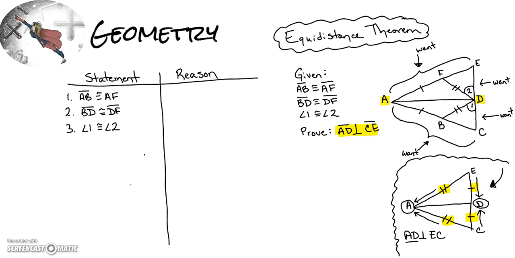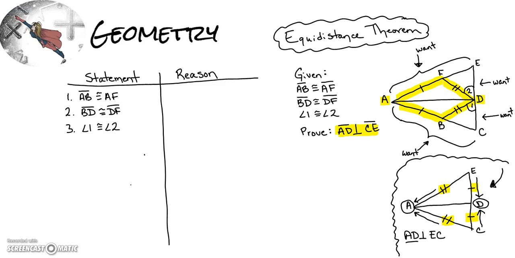Those sides that are congruent, right here, congruent to here, this congruent to this, those are definitely leading us towards these two triangles, AFD and ABD. And we definitely can get those congruent very easily.